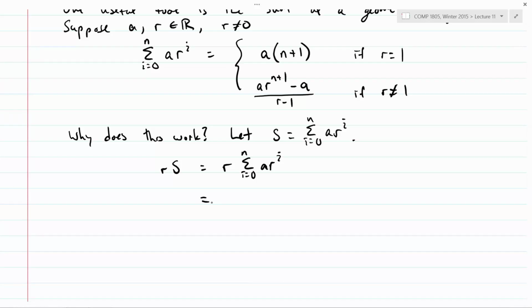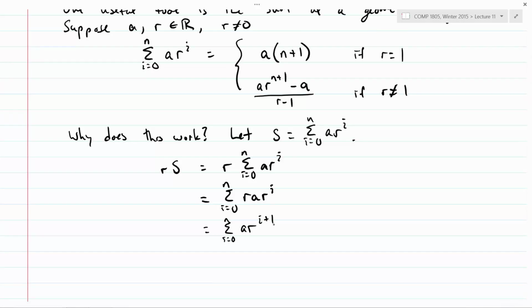So I'm going to do the opposite of factoring here. This is exactly the same as the sum from i equals 0 to n of R times A times R to the i. And if I remember my rules for powers, this is exactly the same as the sum from i equals 0 to n of A times R to the i plus 1, because R times R to the i is just R to the i plus 1.